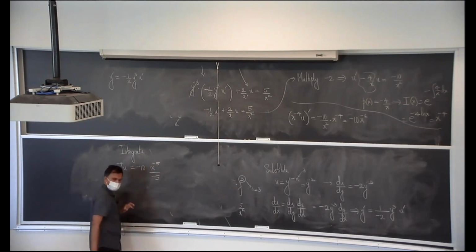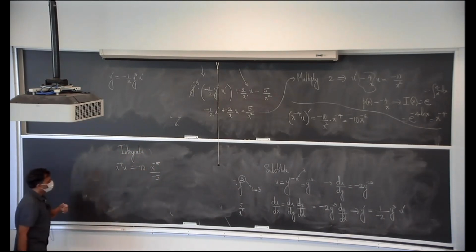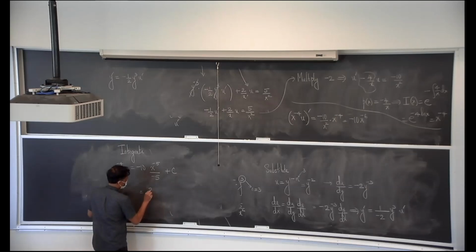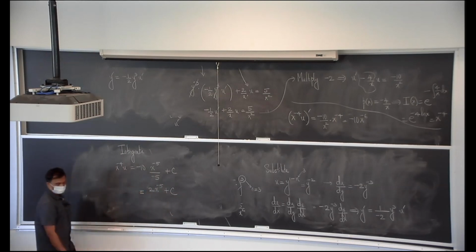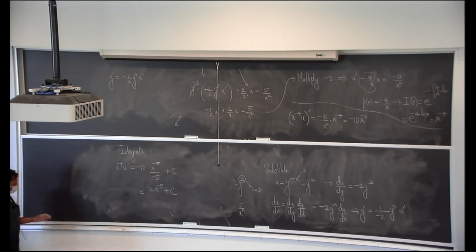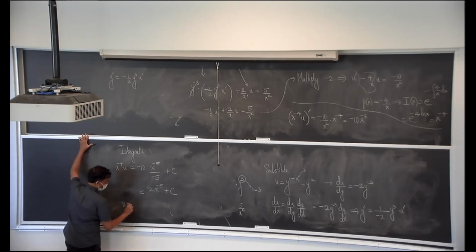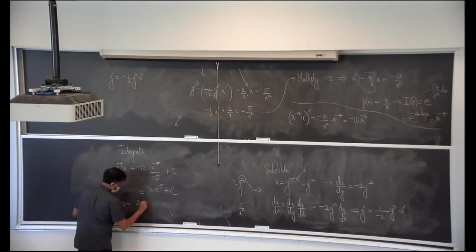Okay, you're adding 1, plus c, which is 2 x to the power of negative 5 plus c. Multiply both sides by x to the 4. So you get u equal to 2 times x to the negative 1 plus c x to the 4.